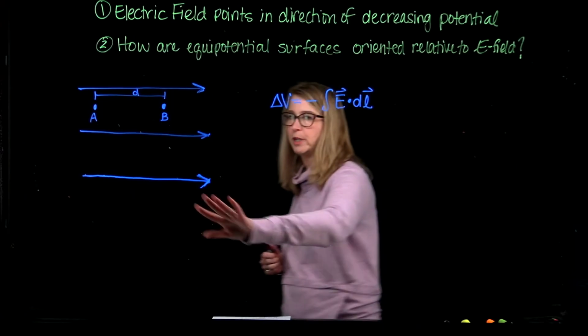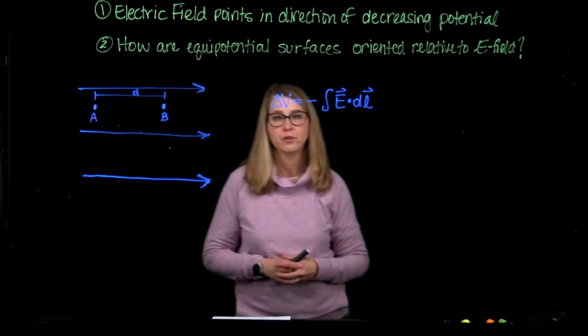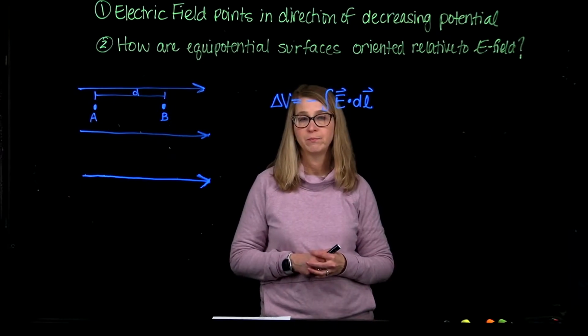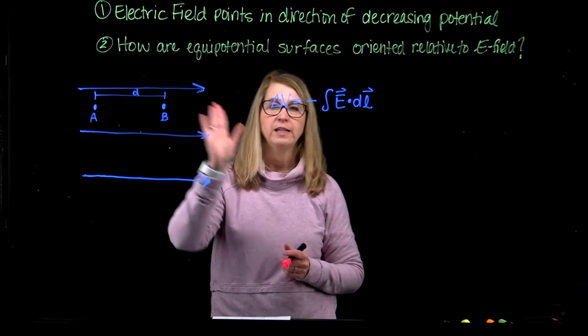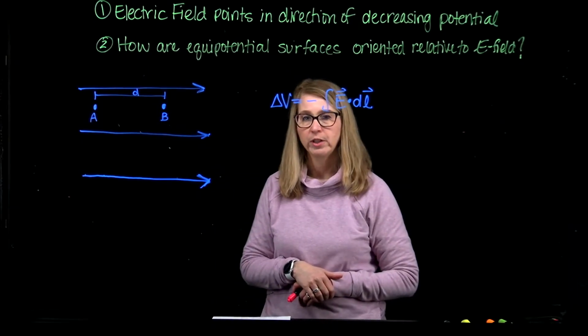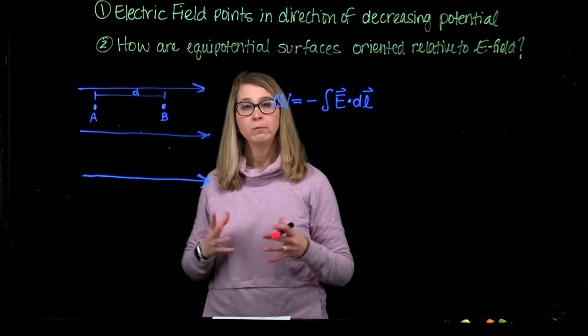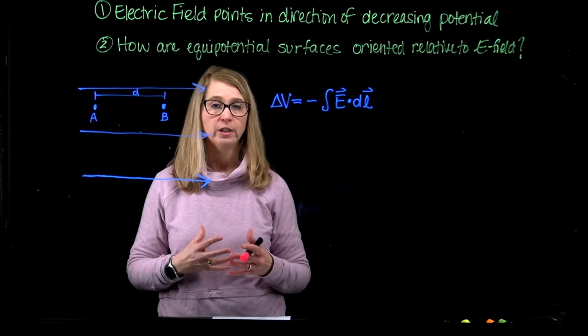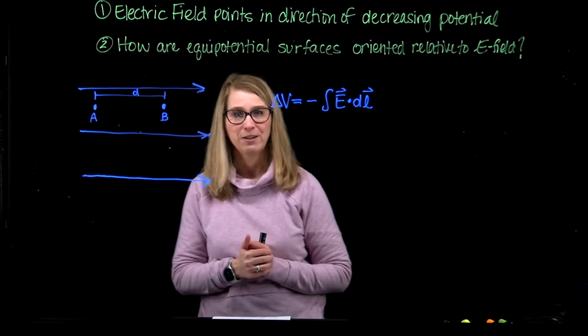So what I drew here is the representation of a uniform electric field that's pointing to the right. And I'm imagining that we move from point A to point B in this electric field. Now, we learned that as we move around in an electric field, there's the potential to experience a change in potential.